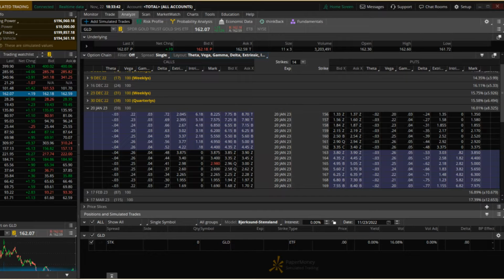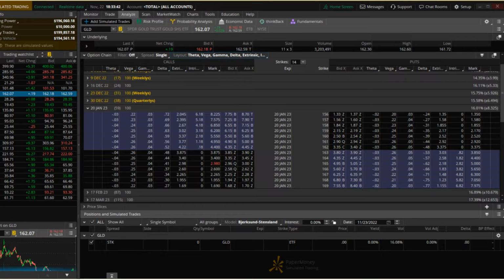I have added the extrinsic and intrinsic value columns to this screenshot so we can see how the numbers from both of these values impact the option's price. In this example, our current underlying is trading at 162.07, and we can choose a strike price of 158.